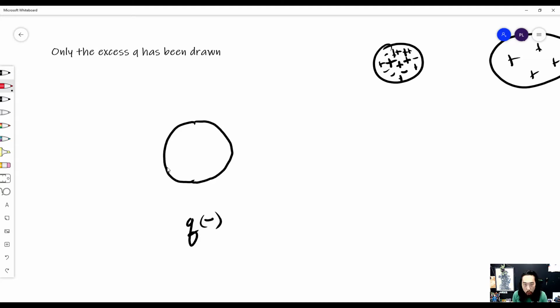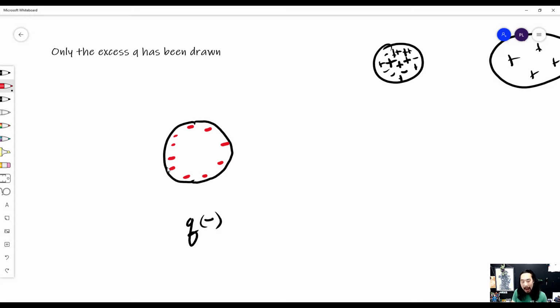How we should be drawing this object is that the negative charges are on the outside. The reason for this is that, one, conductors allow negative charges to freely move, and the flip side is that like charges repel. So if we have all of these negative charges, they don't want to be near each other, and therefore they will be as far away from each other as possible. The negative charges are free to move, so they will go to the outermost edges.